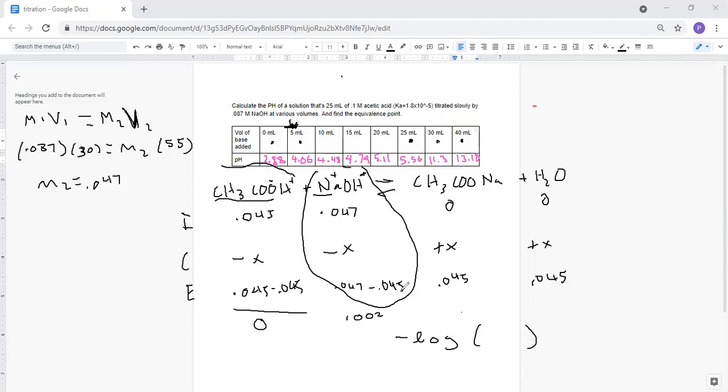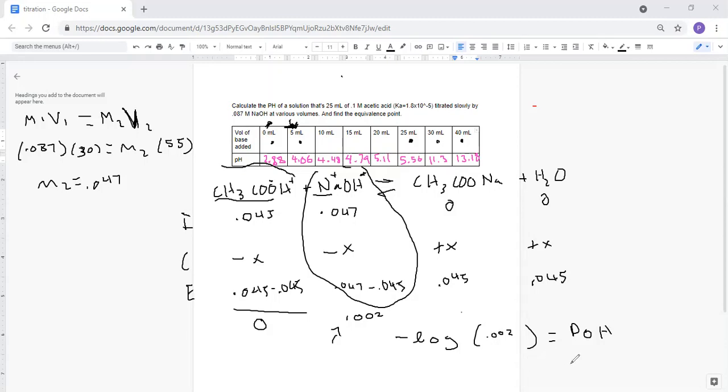And because there's no more acid, it's kind of like when we were at 0 mL when there was no base. We just used the Ka to find the H plus. Here we already have the OH amount. So when we take the negative log of 0.002, we get pOH.